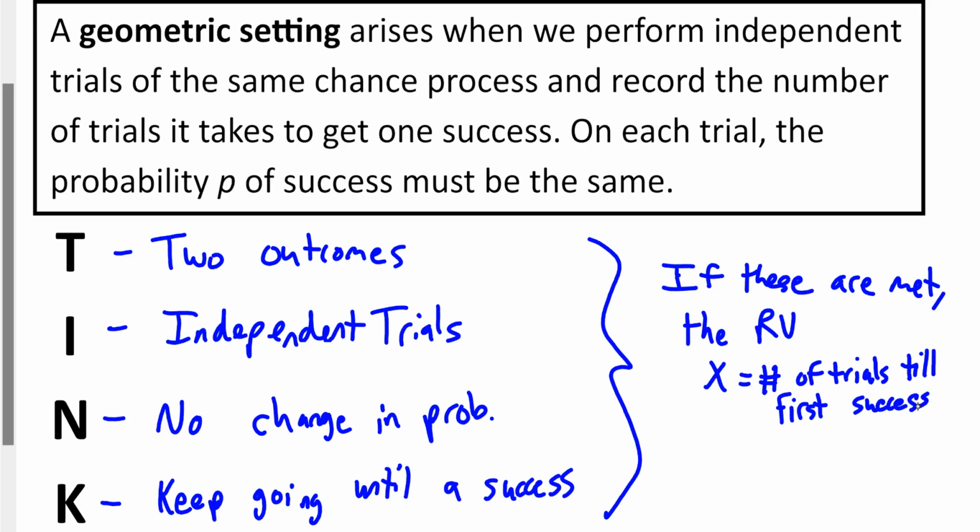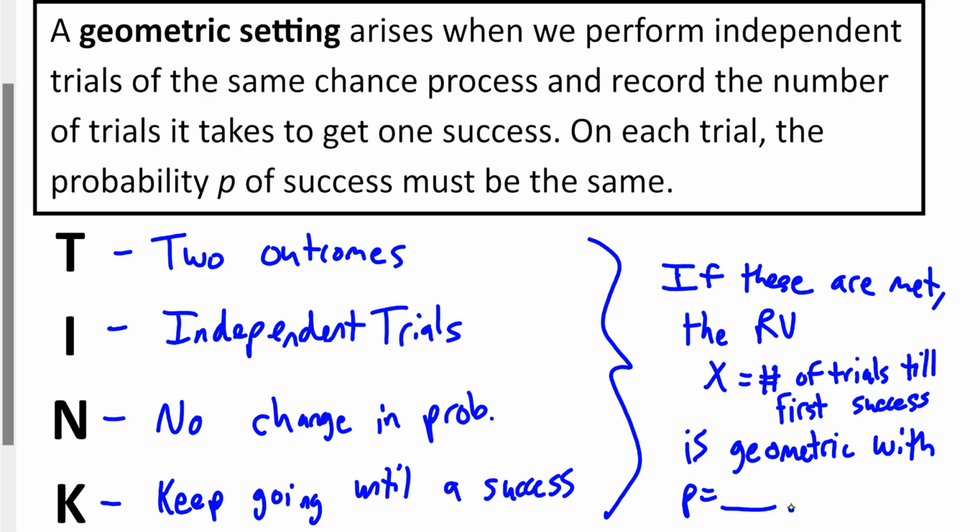So that random variable is geometric with P equaling blank, and there's no set n. We have no set number of trials. We just go until there's a success. And that's what makes it a geometric situation.